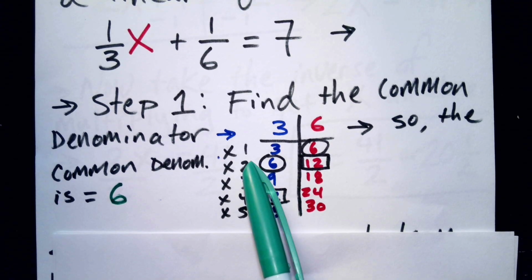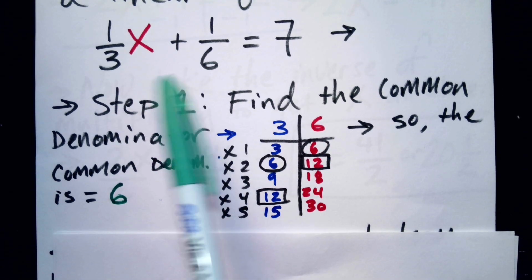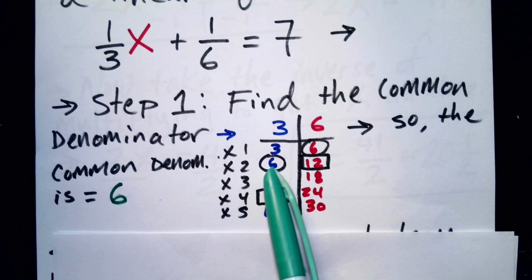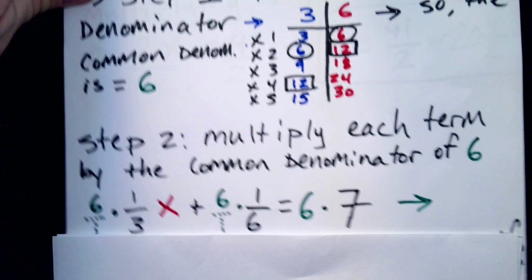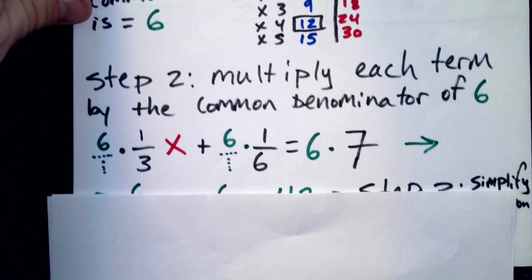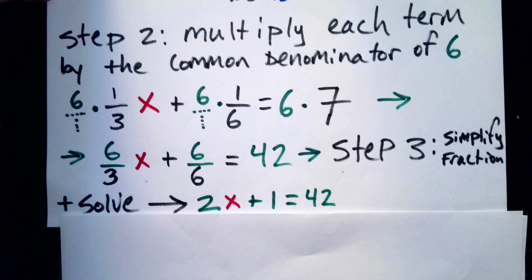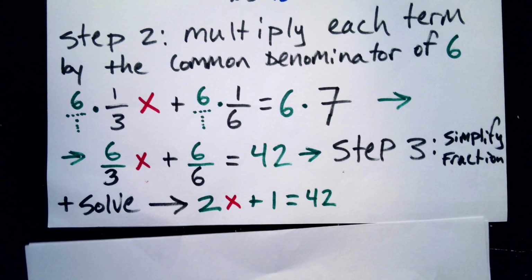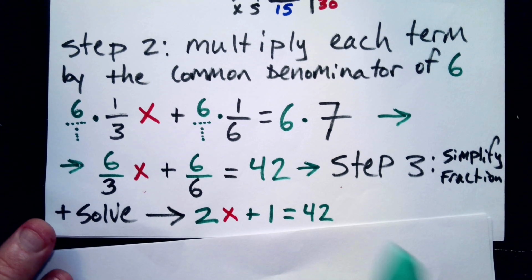So I'm going to multiply each term in this equation by the common denominator. The common denominator is 6. That's going to be step 2. Multiply each term by the common denominator of 6, right? So let's go through that particular step.